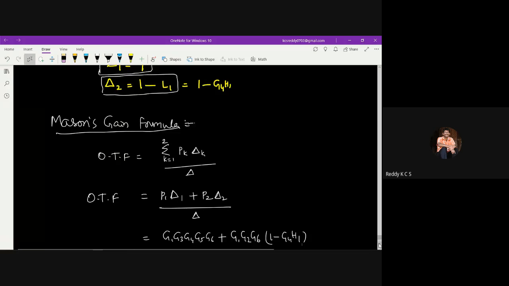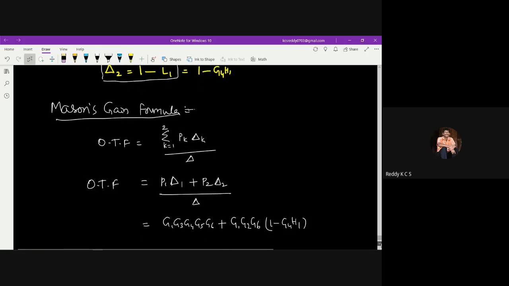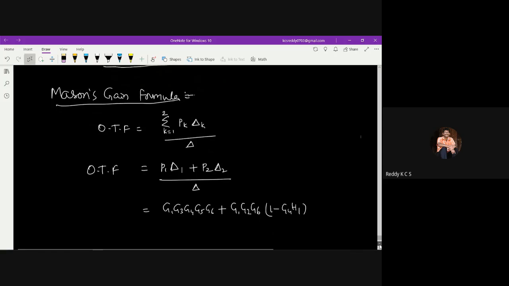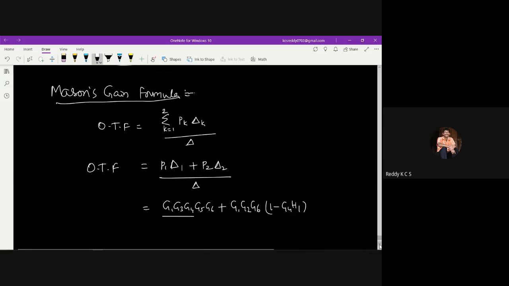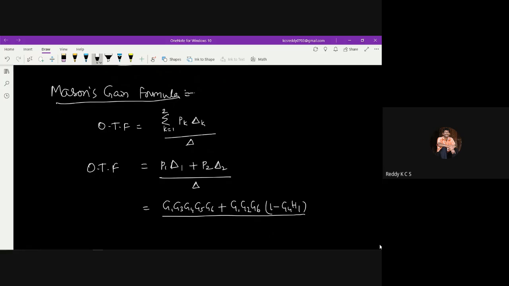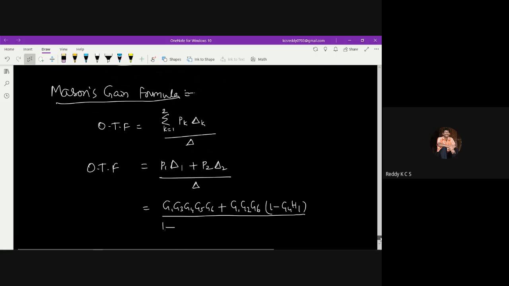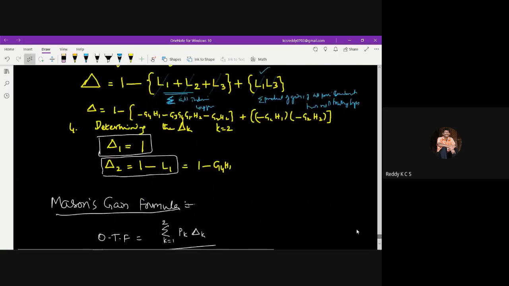So for the del equation, you have to substitute all the G values in this equation. Divided by 1 minus, if you look at the simplified equation, you can take out the minus common.